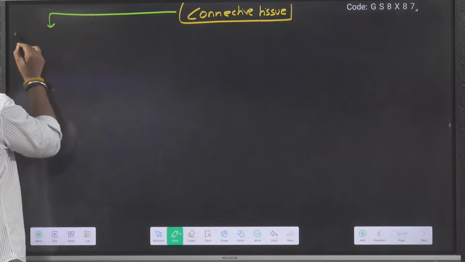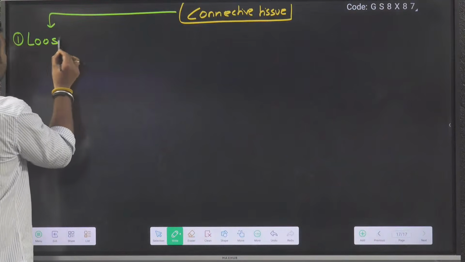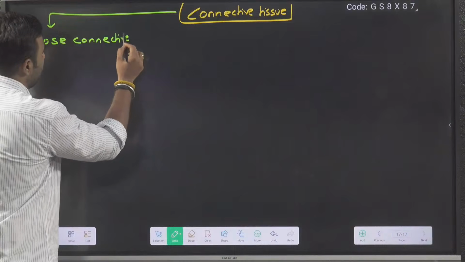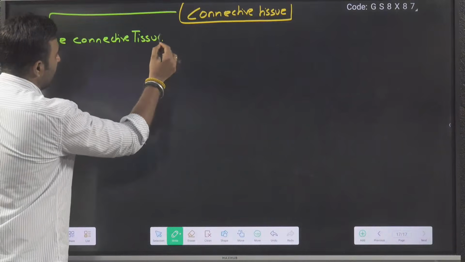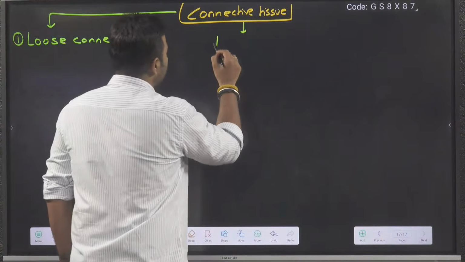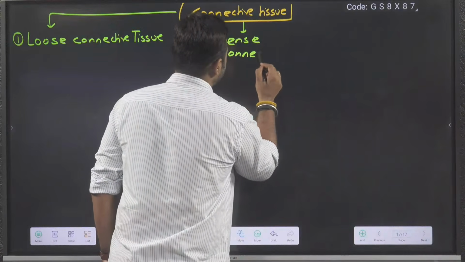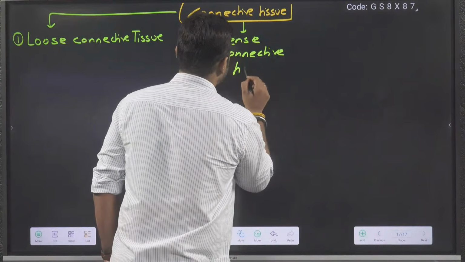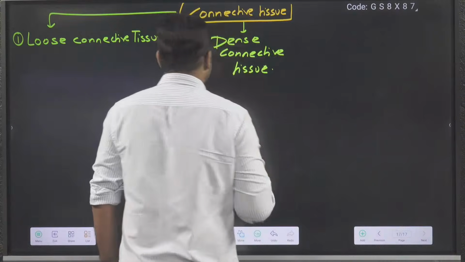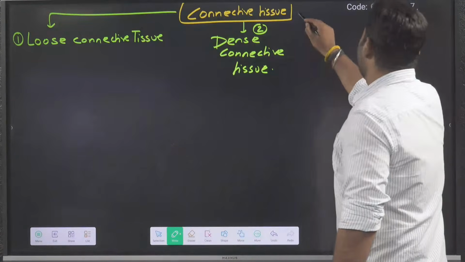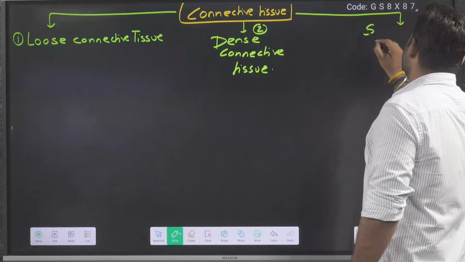First one is loose connective tissue. Second one will be dense connective tissue. And the last one will be specialized connective tissue.